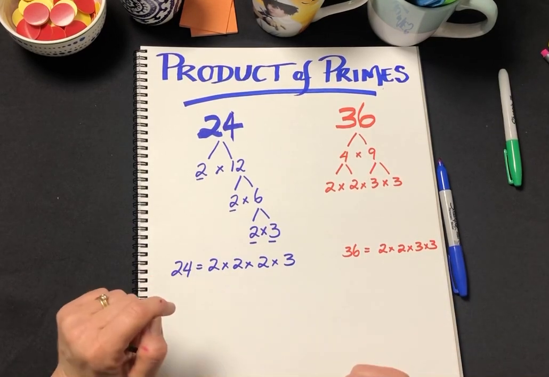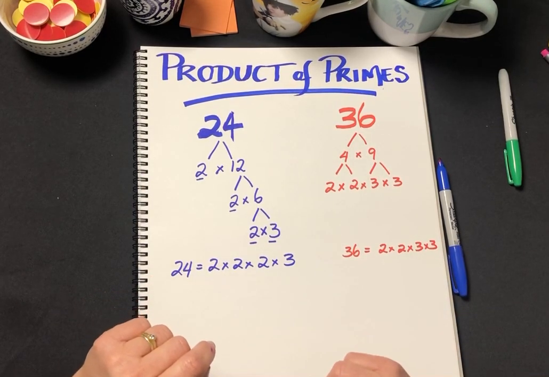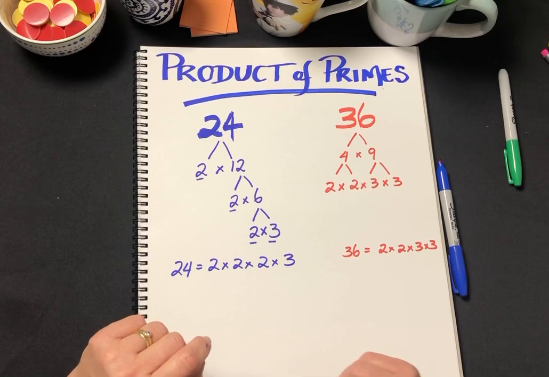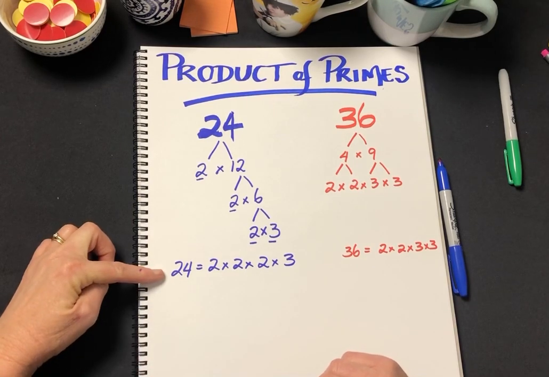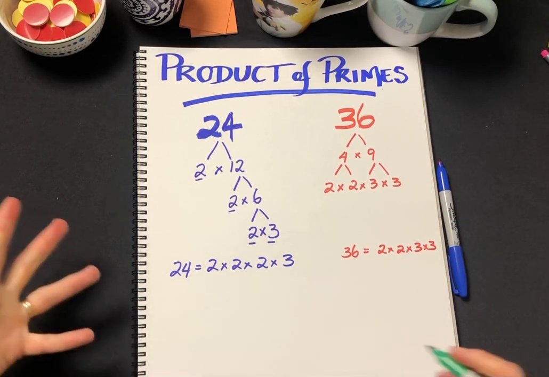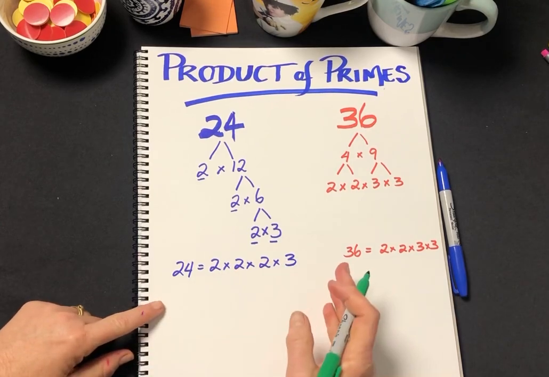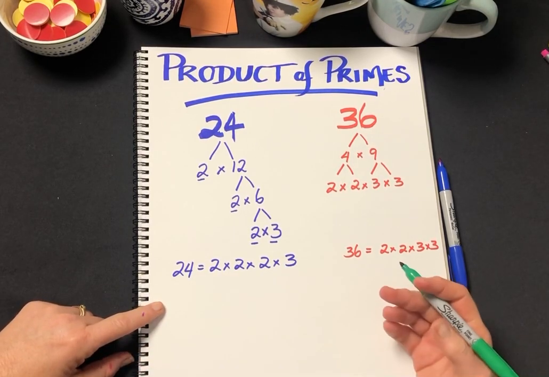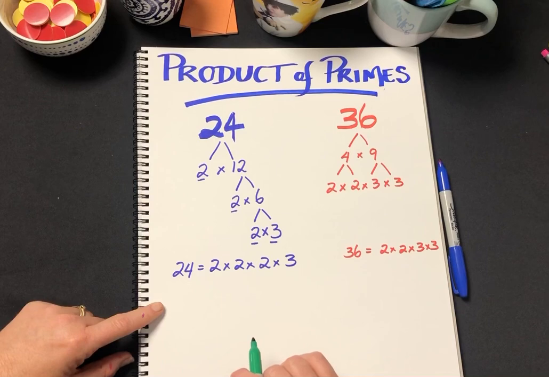Now let's have a look at how we can use that in a number of different ways. First of all, let's use it to help us find all the factors of 24. Now, most often, if we ask students to list the factors, we're requiring them to remember their multiplication tables.